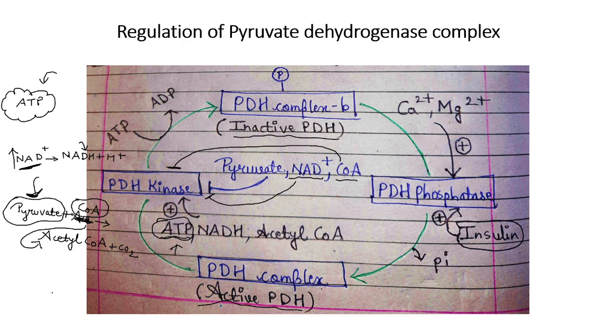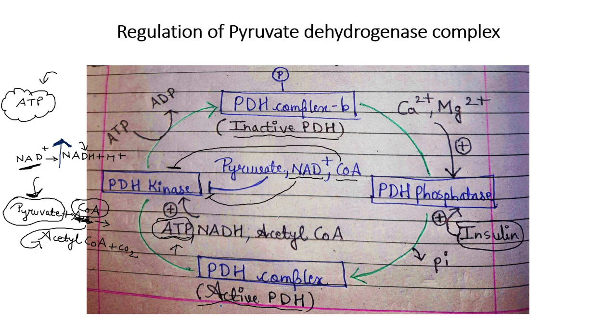Similarly, NADH. If this NADH is present in high amount, then there is an ATP-sufficient condition in the cell, because this NADH will pass through the electron transport chain and produce more ATPs.